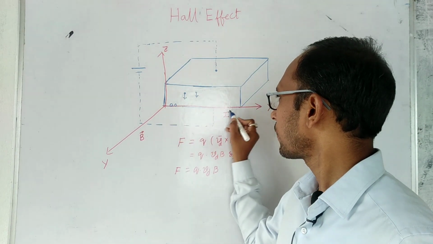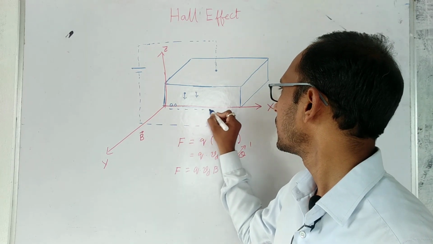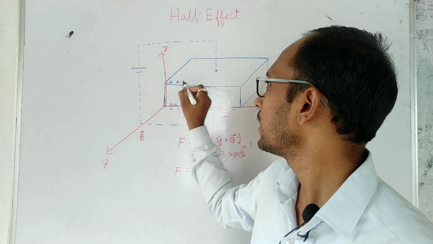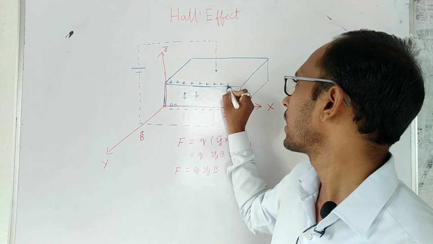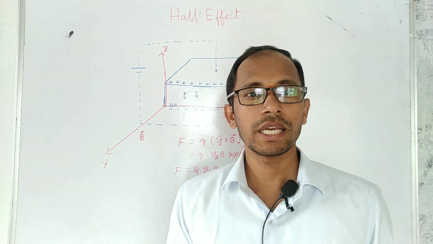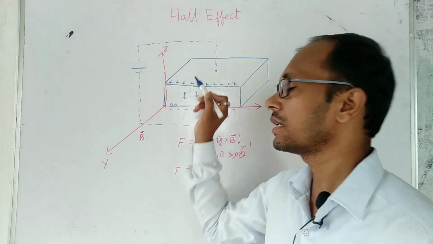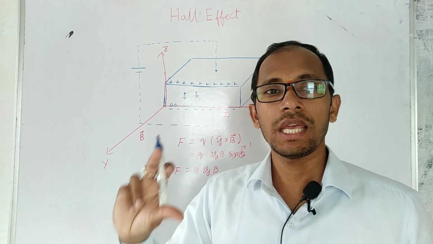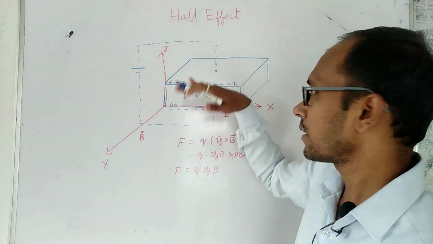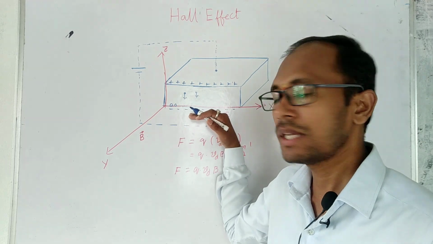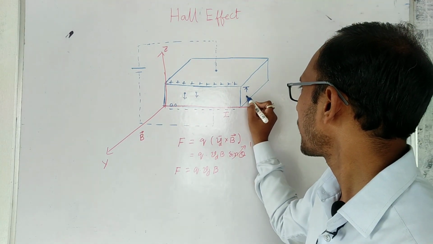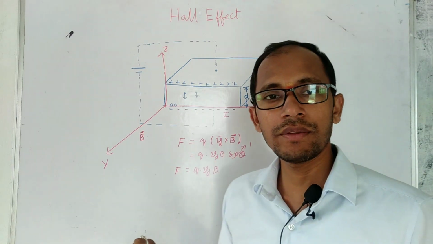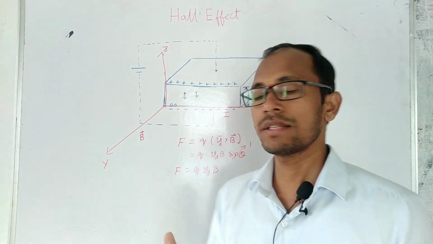So the bottom surface becomes negatively charged. The top surface obviously becomes positively charged, because in order to attain electrical equilibrium, if there is negative charge at the bottom, there should be positive charge at the top surface. These two are separated by a distance, for example d, so the positive and negative charges are separated by a distance d.